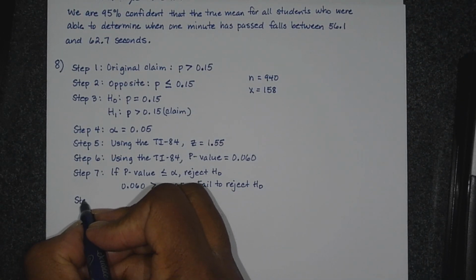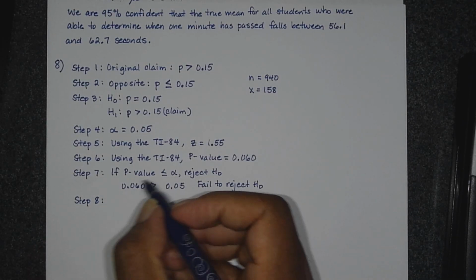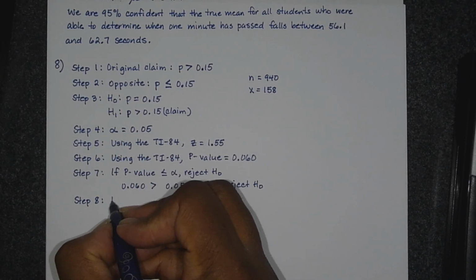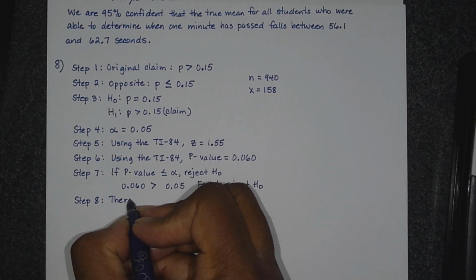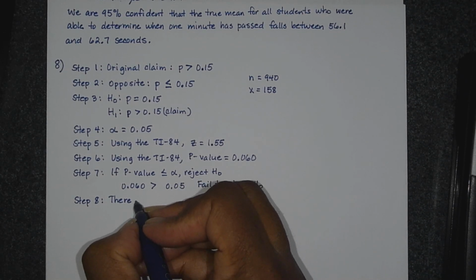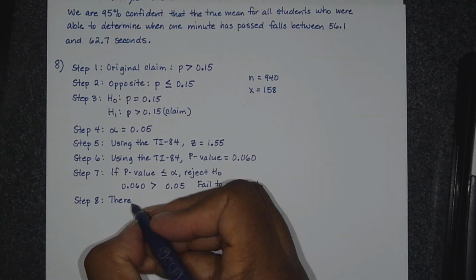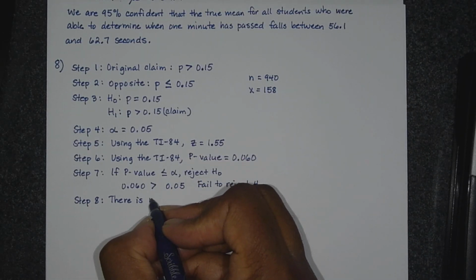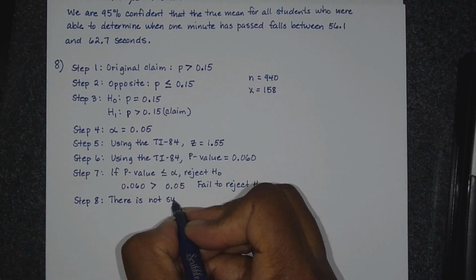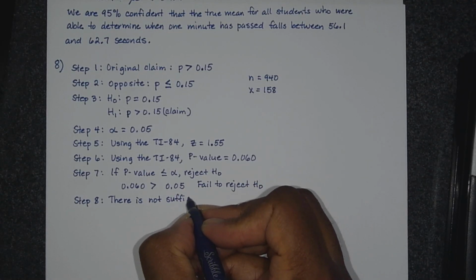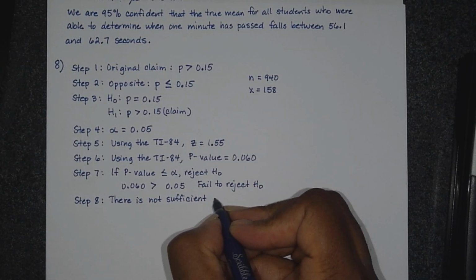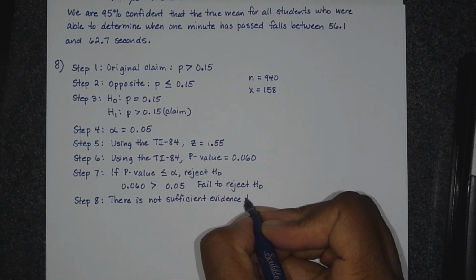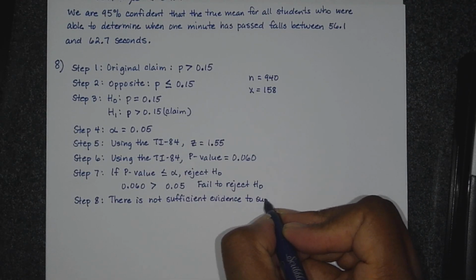And if we fail to reject the null hypothesis, that means that there's not sufficient evidence to support the claim. Because the claim was the alternative, we failed to reject the null. That means that there is not sufficient evidence to, in this case, support the claim.